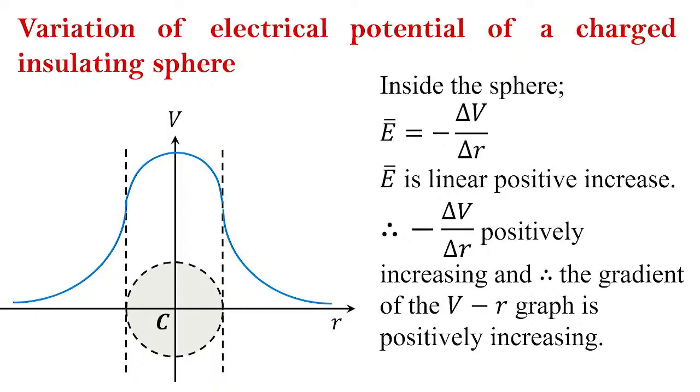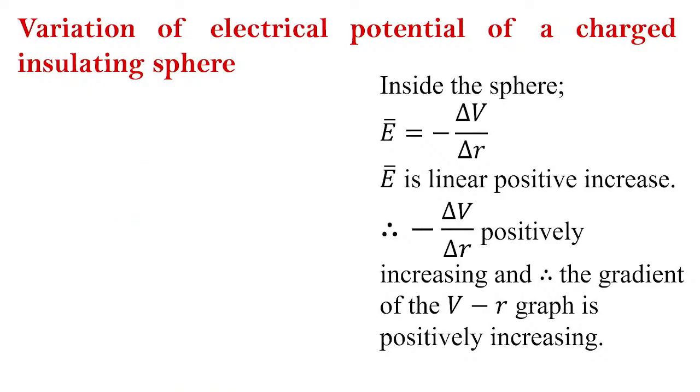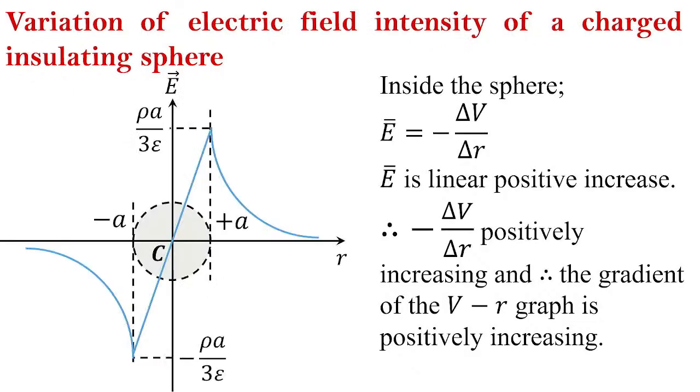Gradient. Yeah, this is like E, backward, E positively increasing. E positively increasing means what? V negatively increasing. Inside the sphere, E is a linear positive increase. This is positively increasing. Therefore, the gradient of the E versus R graph is positive. Thank you very much. There is a typo here. Thank you.